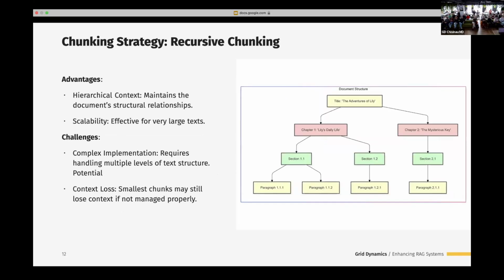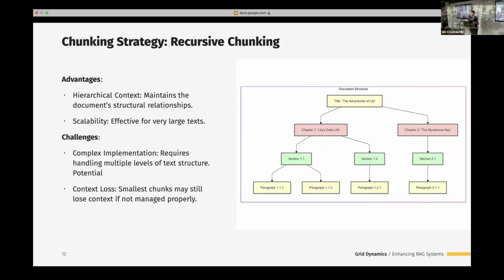And now one of the other methods is recursive chunking. We know all documents have a hierarchical structure. Basically, this example is a book, The Adventure of Lily, and you can see it can have chapters, sections, and paragraphs. So we split every document, in this case the book, by its structural representation.